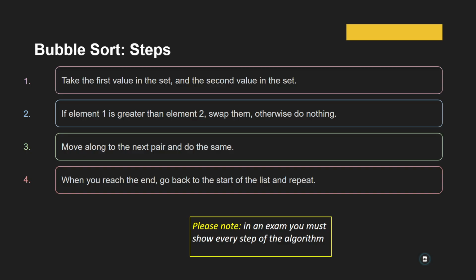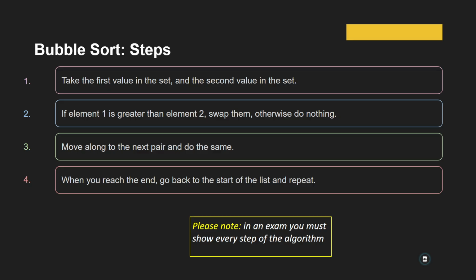If this is not the case, do nothing. Next, we move along to the next pair, and again we compare them. Do they need to be swapped? If so, we swap them. If not, do nothing. Then we go to the next pair. Just keep doing it until you reach the end, right?